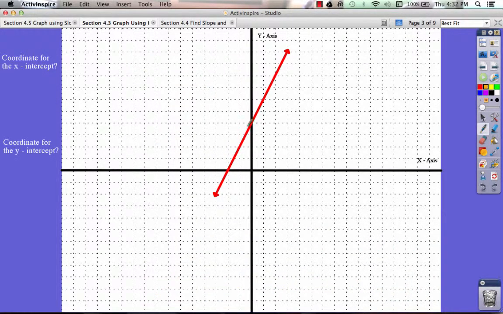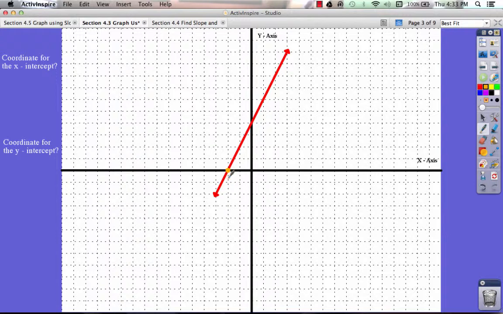Now we're going to look at this line right here. What we want to do is tell where the x-intercept and the y-intercept are. If you remember our definition, the x-intercept is the exact point where the line crosses the x-axis. The x-axis is here and the line is crossing at this point right there.